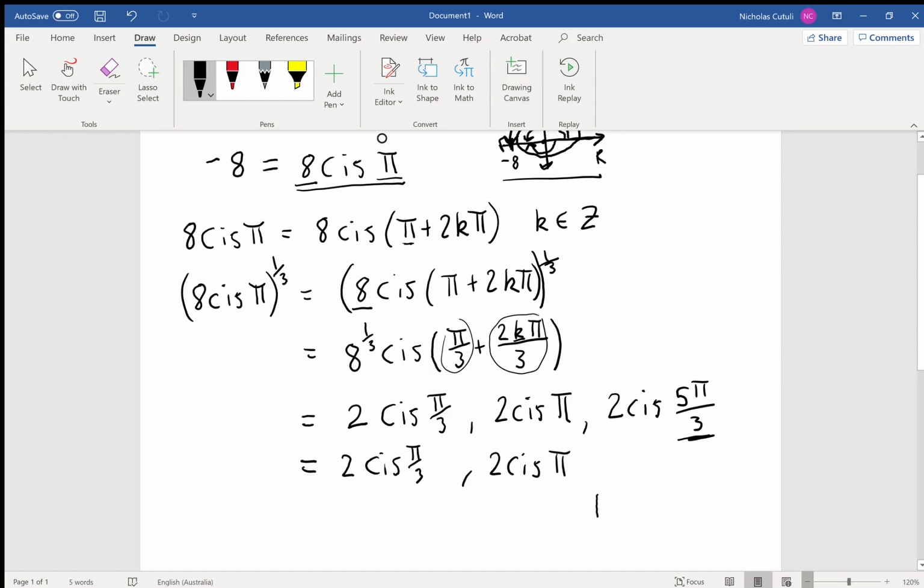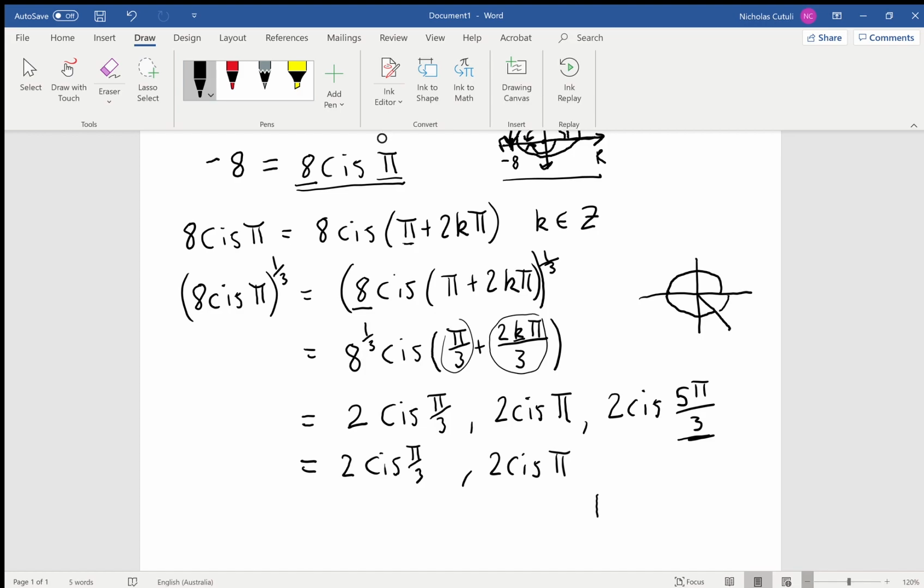And the last one, if I think of it in terms of being between pi and negative pi, I might even just draw a little diagram here. 5 pi on 3, okay, so from here to here is 3 pi's on 3, and then I need another 2, so I'm going to end up over here. If I had 6 pi's on 3, that's 2 pi, so that's a full revolution.